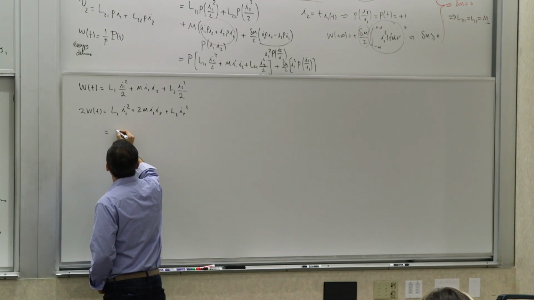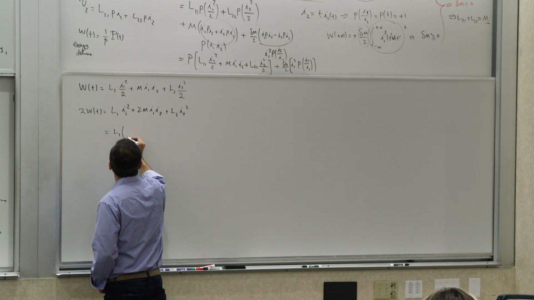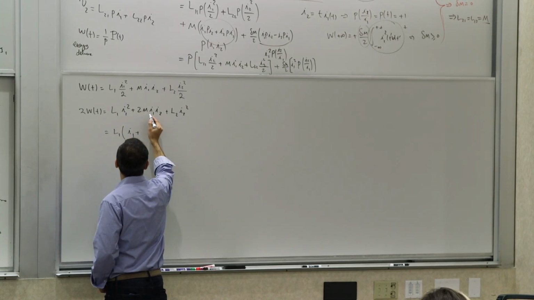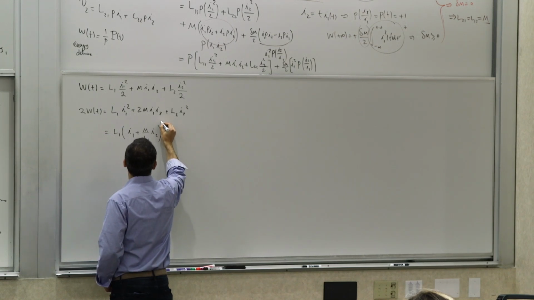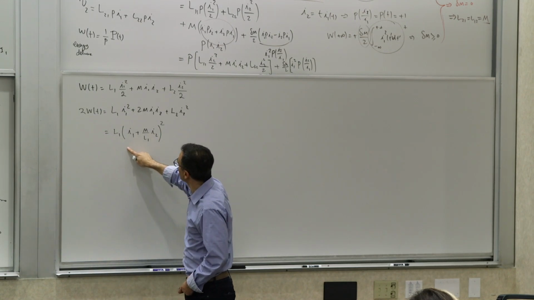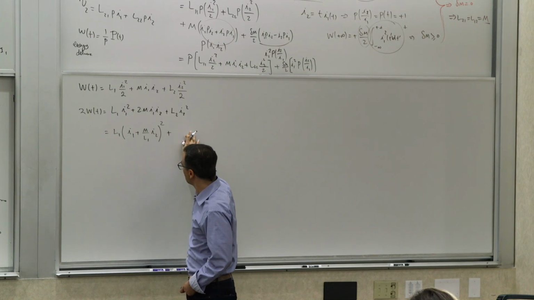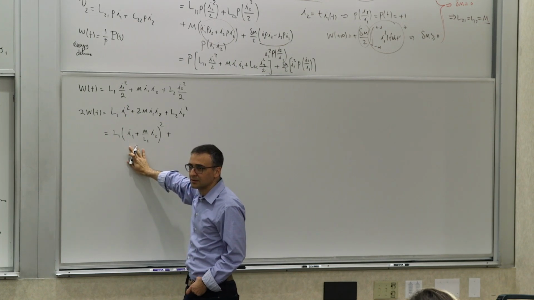If you factor L1, you can write this as I1 plus m over L1 I2, squared. What is this term?